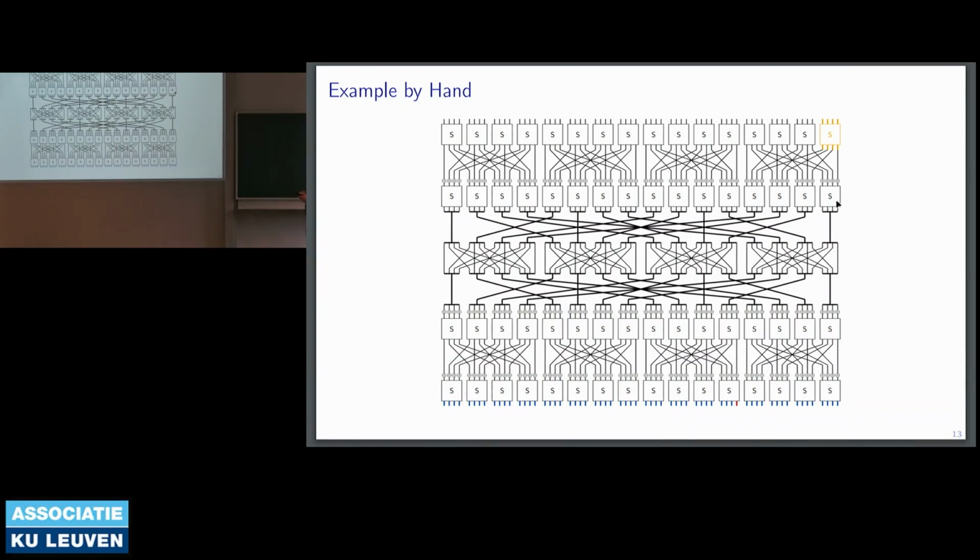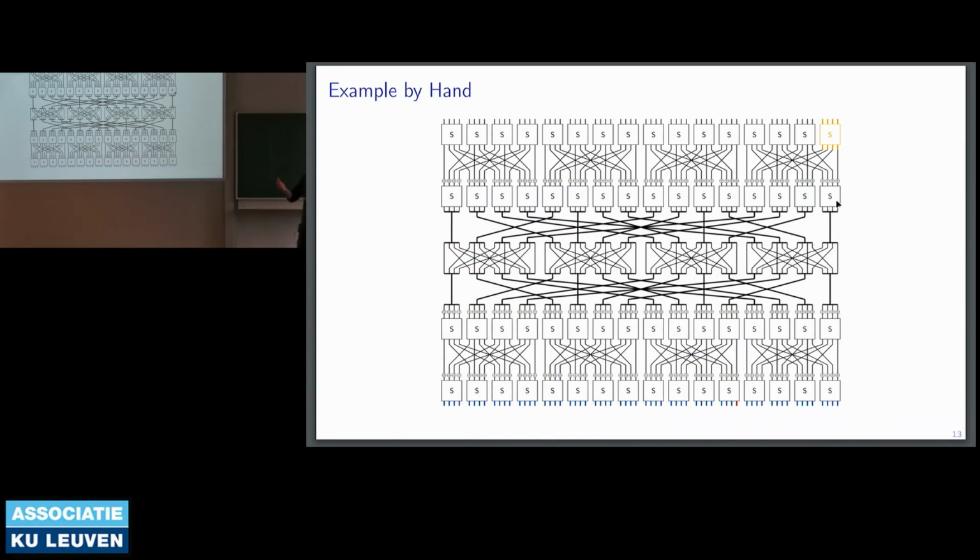The way we will do this is similar to zero correlation linear cryptanalysis, in that we will use a miss in the middle technique. We will propagate our non-zero or large trails forward through the cipher. We will also propagate some trails backwards. And then in the middle, we check whether they coincide or not. If they don't, then we have approximate zero correlation.